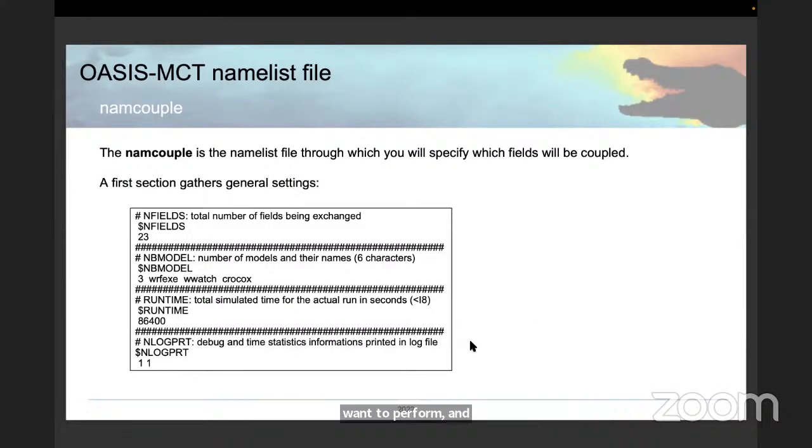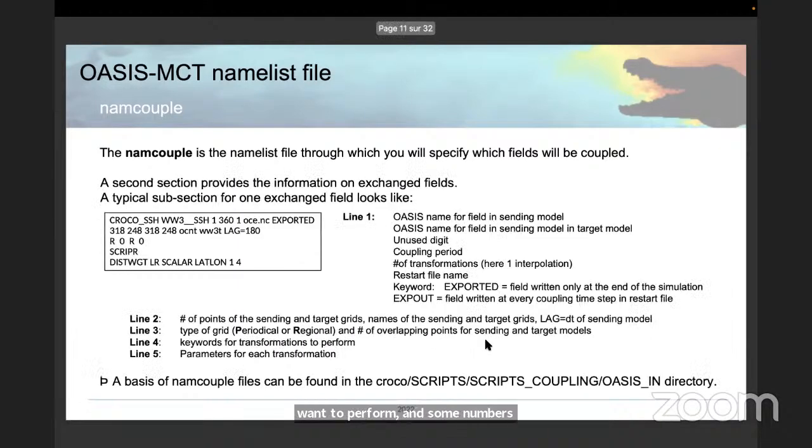And then we have the time of the simulation that we want to perform, and some numbers for debug levels. And then we have a section where we will prescribe all the exchange fields. So these exchange fields will be prescribed one by one, and they have specific names that are related to Oasis and the way that Oasis is implemented in the models. So it's not the usual model name, but the name for Oasis.